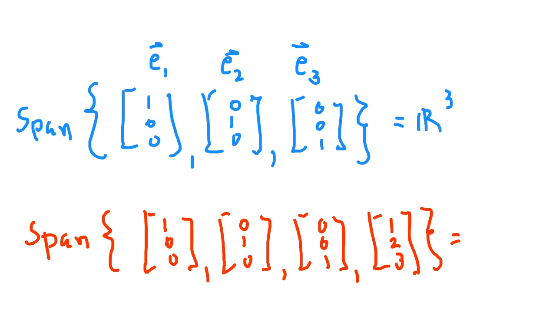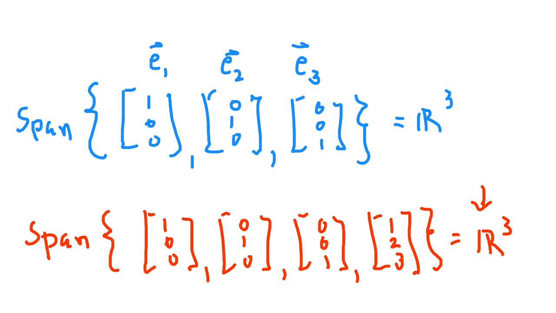What's the span of these four vectors here? So it still would be R3. That's right, Mikhail. It still would be R3. Okay. Any vector in R3 could be written as a linear combination of those four vectors.